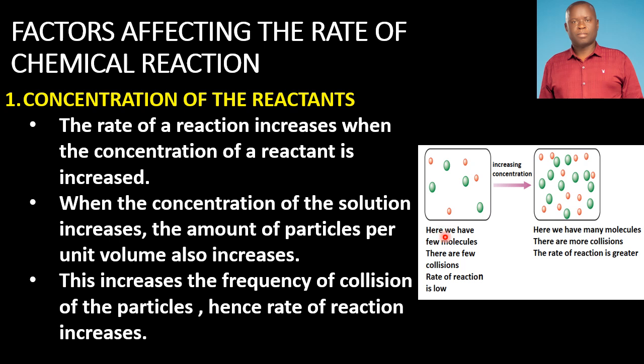But suppose we increase the number of particles, like here, if you look at these green particles, there are more here than in this other beaker or container. So there are more collisions, and the rate of reaction is greater. So concentration affects the rate of reaction in that manner.